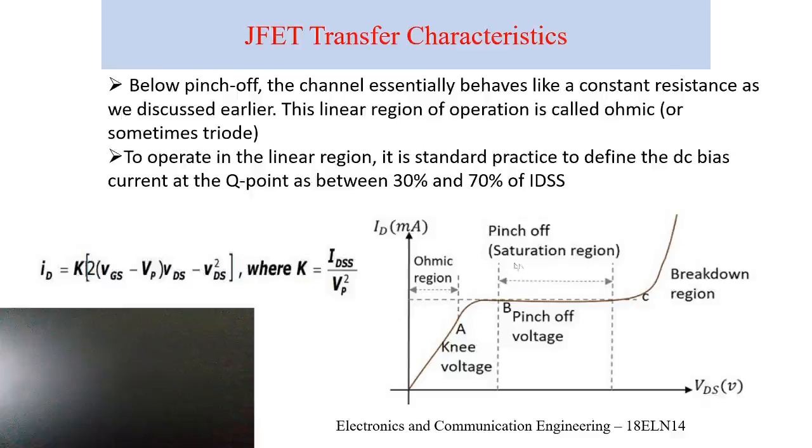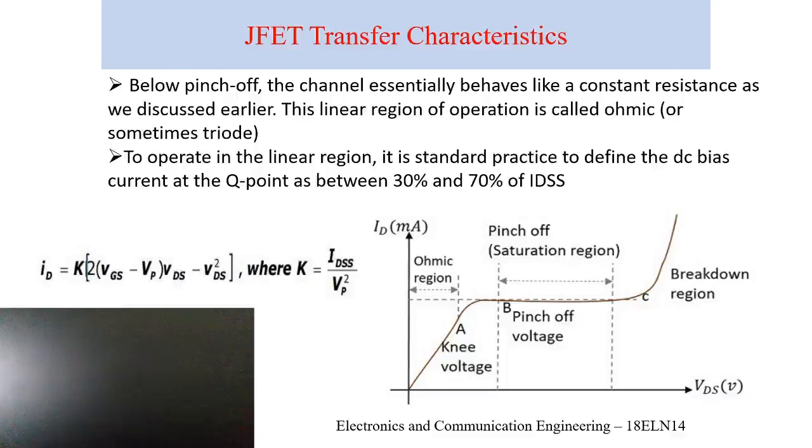Hence, we can define the JFET transfer characteristics as the ohmic region, the region where the FET behaves like a resistor. Next, the pinch-off voltage, which we get at the end of the ohmic region. Next, at the start of saturation, which is exactly where we get the Q point, the pinch-off voltage can be found, and you get faithful amplification.